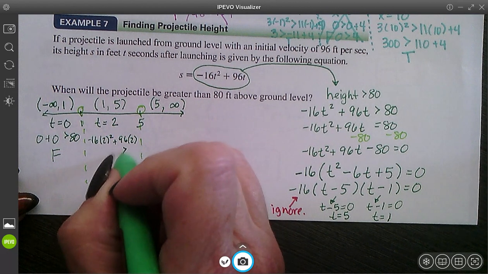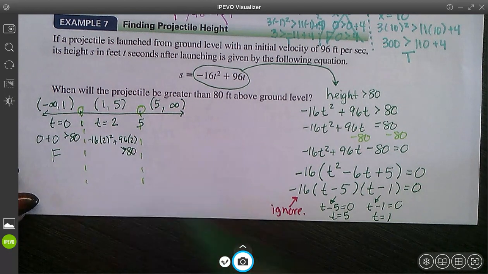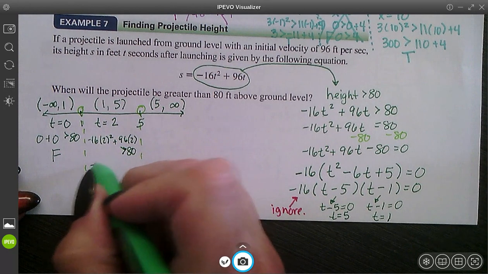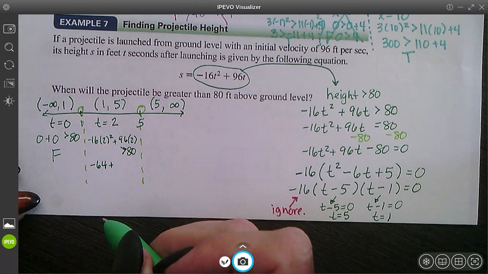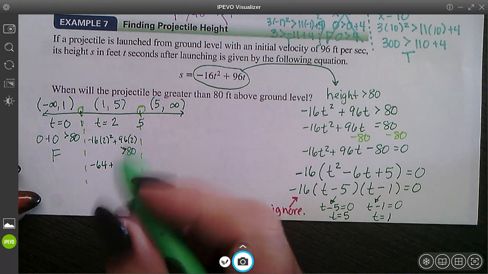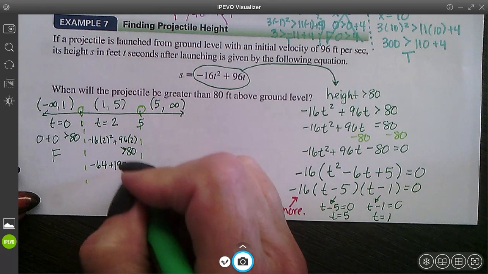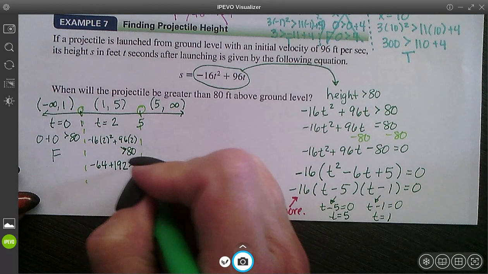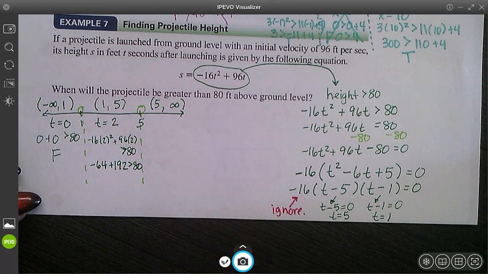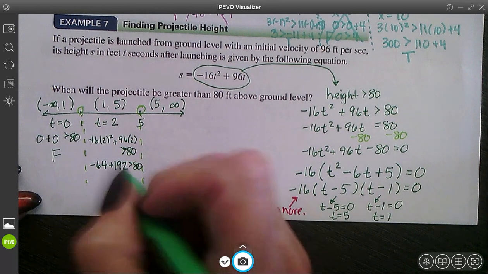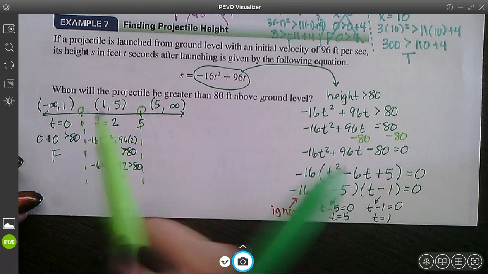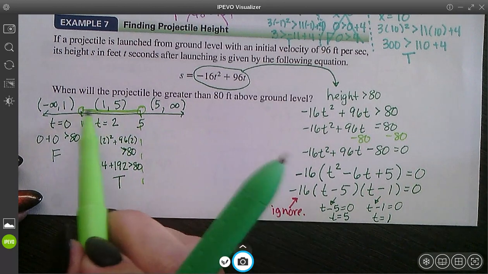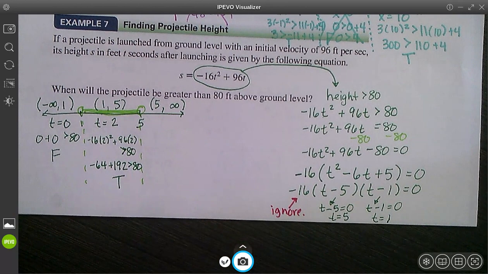Is that greater than 80? 2 squared is 4 times negative 16 is negative 64, plus 96 times 2 is 192. Is that bigger than 80? Yes, negative 64 plus 192 would be bigger than 80. So this is true, and this little section is part of our solution.